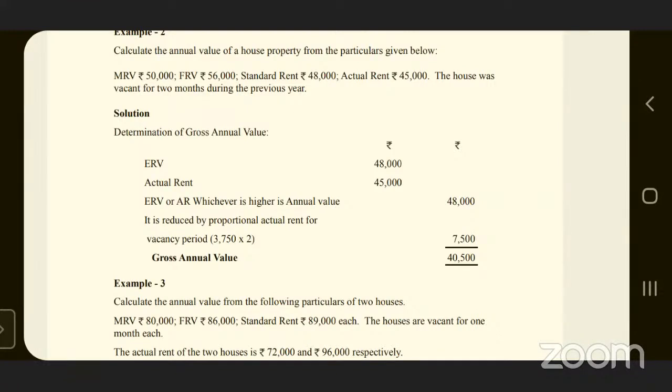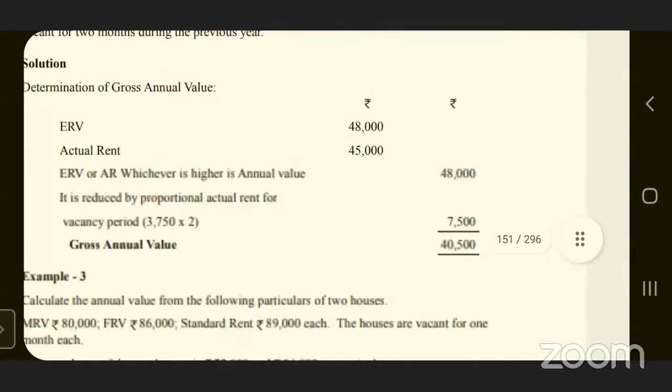That needs to be compared with 48,000, the standard rent. ERV should not exceed the standard rent, so 48,000 will be considered as ERV. It needs to be compared with the actual rent. The higher of the two will be the annual value, so the higher among 48,000 and 45,000 is 48,000.